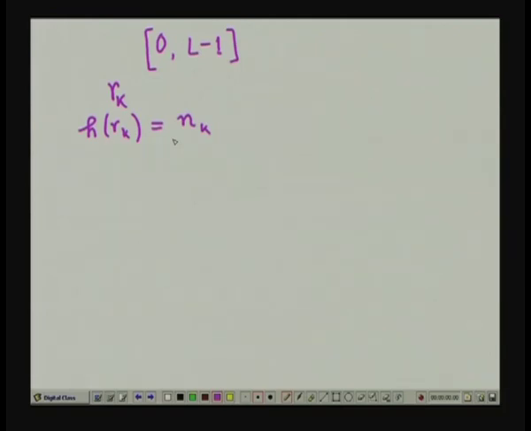If we plot the number of pixels having different intensity values against the intensity values of those pixels, then the plot that we get is known as a histogram.